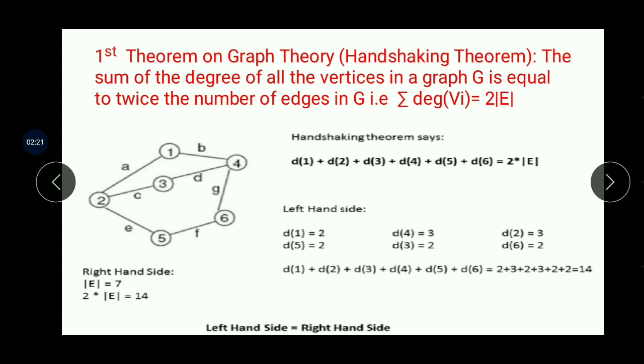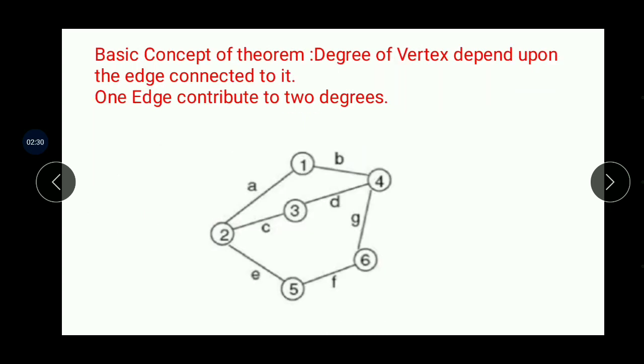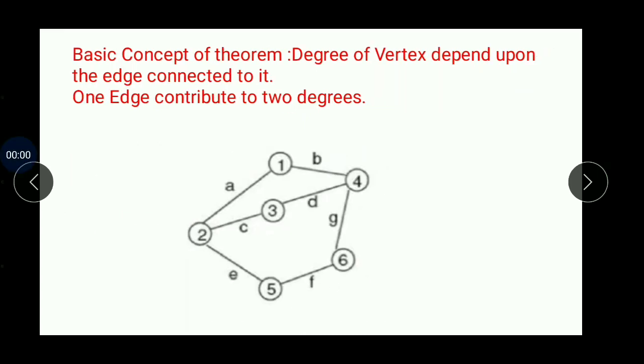So what's the basic concept? Before proving this theorem, we will understand the basic concept behind it. The degree of a vertex depends upon the edges connected to it, and each edge contributes 2 degrees. There is no role of the vertex in the degree; the main role is of the edge.